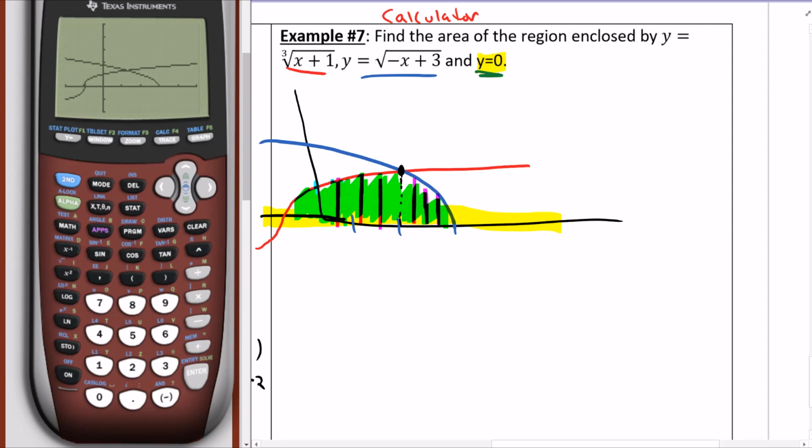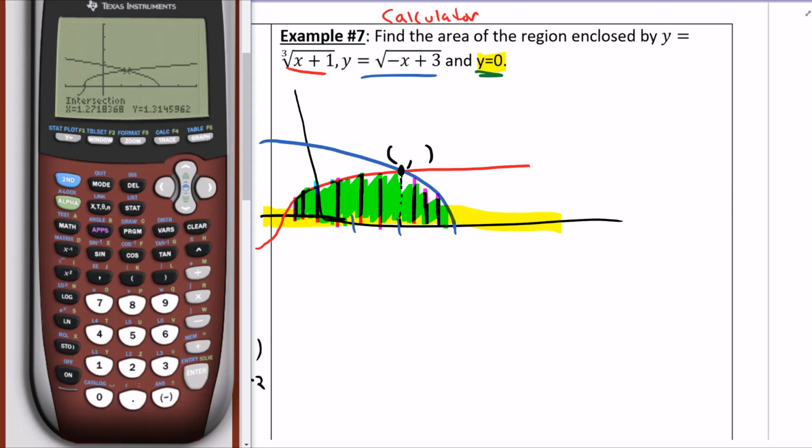So I could set up the integral for the first one, and then add it to the integral of the second one. What we would need to know for that is this point of intersection. So let's use our calculator to find that. Again, second trace intersect. First curve, enter. Second curve, enter. Guess, get close, press enter.